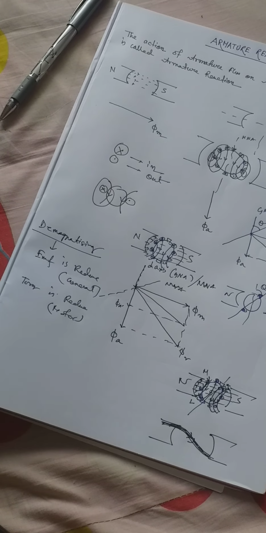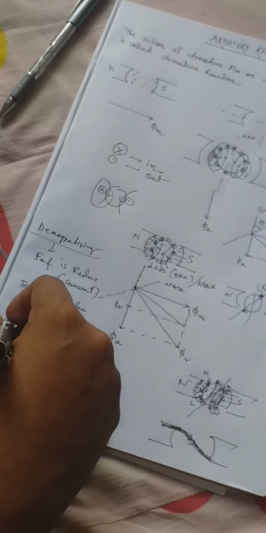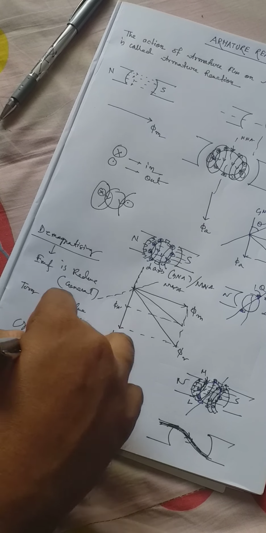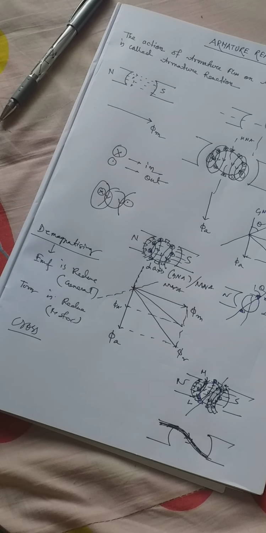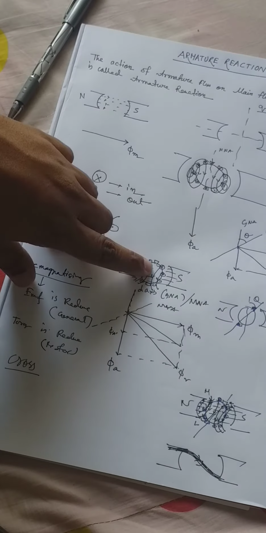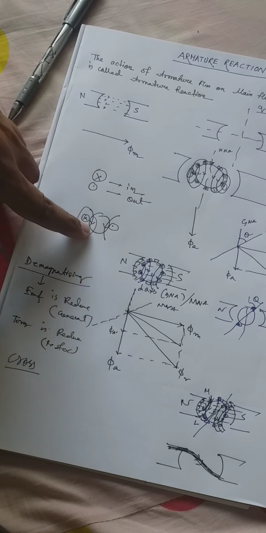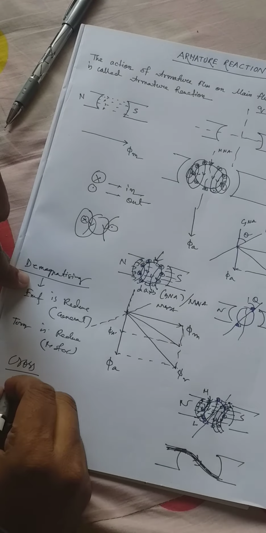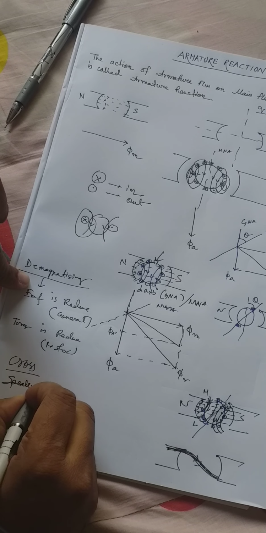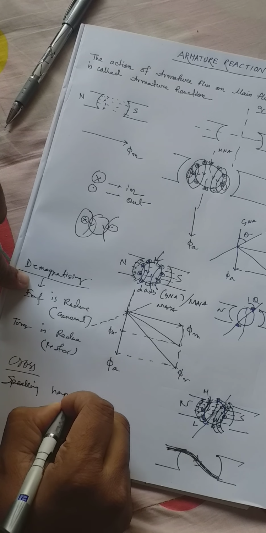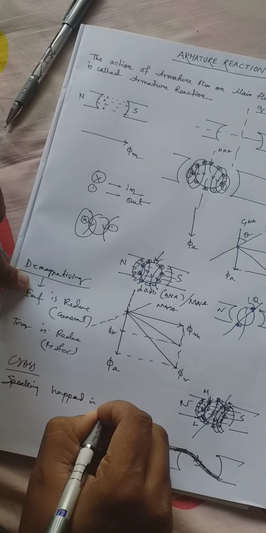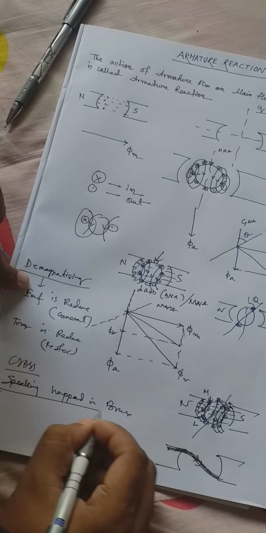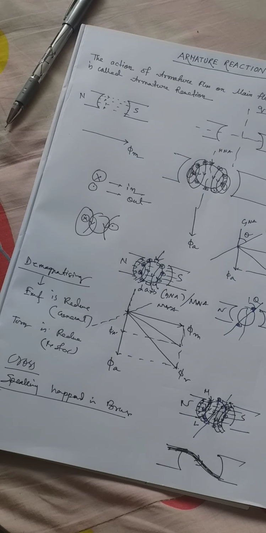And due to cross magnetizing, sparking happens in the brushes. This is the brush, this is the brush. Sparking happens in the brushes. So this is armature reaction.